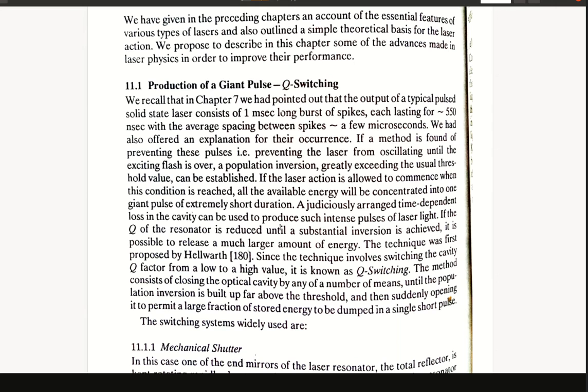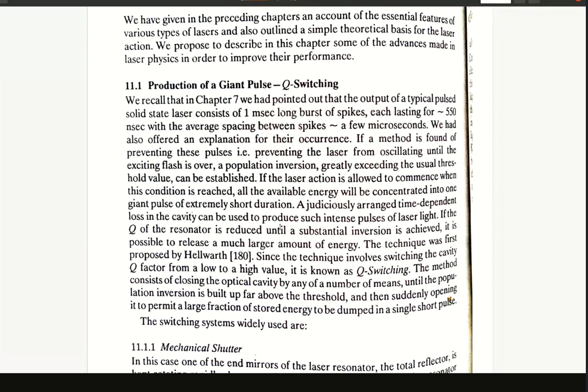Now, as we noted in connection with ruby laser, generally over the duration during which the exciting radiation is falling on the lasing material, that is over the period of something like 2 to 3 milliseconds, when the xenon flash lamp is producing radiation, several short bursts of radiation are produced by the laser source, that is the ruby crystal.